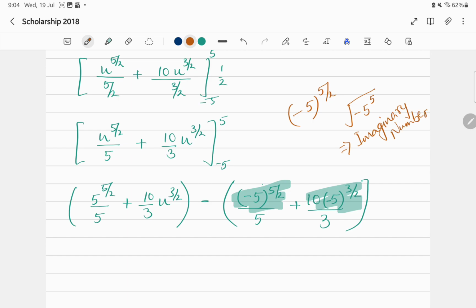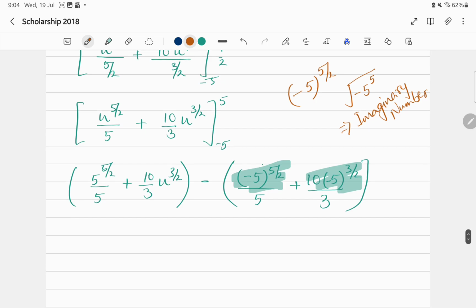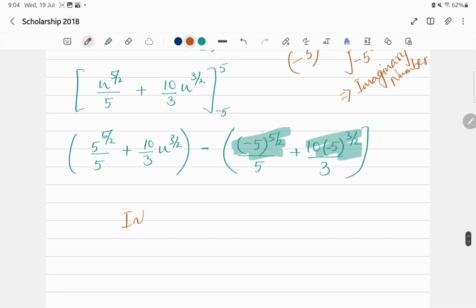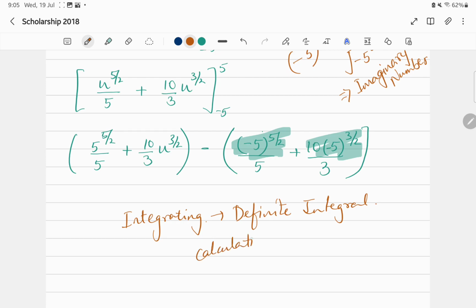And when you are integrating, especially when you have definite integrals, you are calculating area. Definite integrals mean you are calculating area, and area is real.